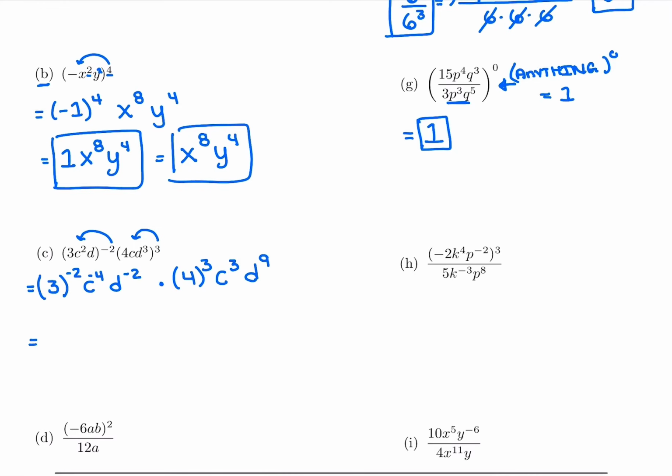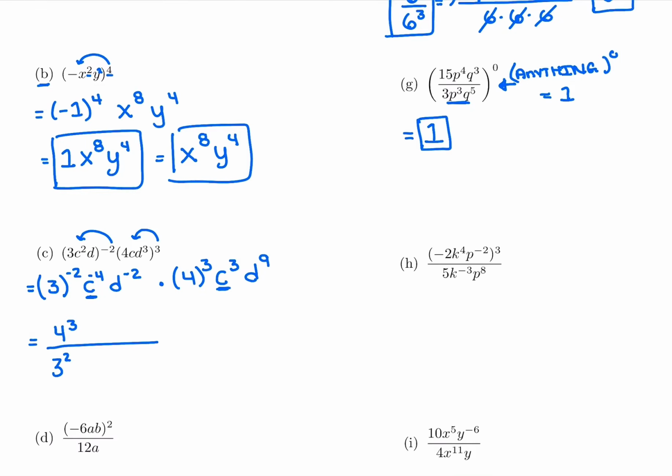So starting with these numbers, I have 3 to the -2 and 4 to the 3rd. Well, 4 to the 3rd is going to stay on the top, but I'm going to put 3 to the -2 as being 3 to the 2 in the denominator. Negative exponents belong in the denominator. Then as far as these other letters, I'm multiplying bases, which means I'm going to add exponents.